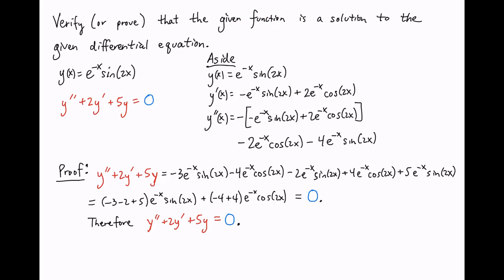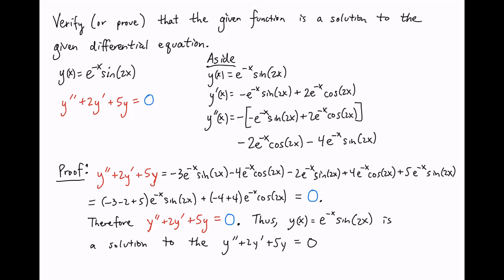And if you prove that identity, we could also conclude that, thus, y of x equals e to the opposite of x sine 2x is a solution to the second order linear differential equation that's set equal to the zero function.